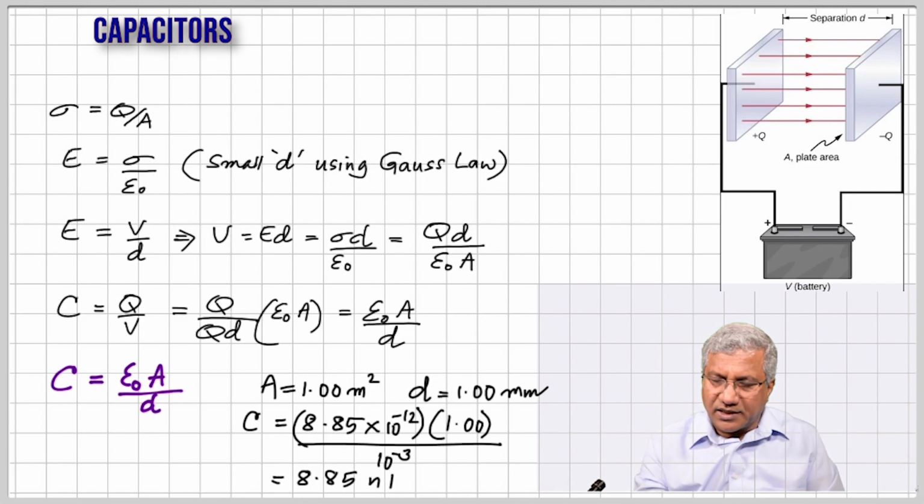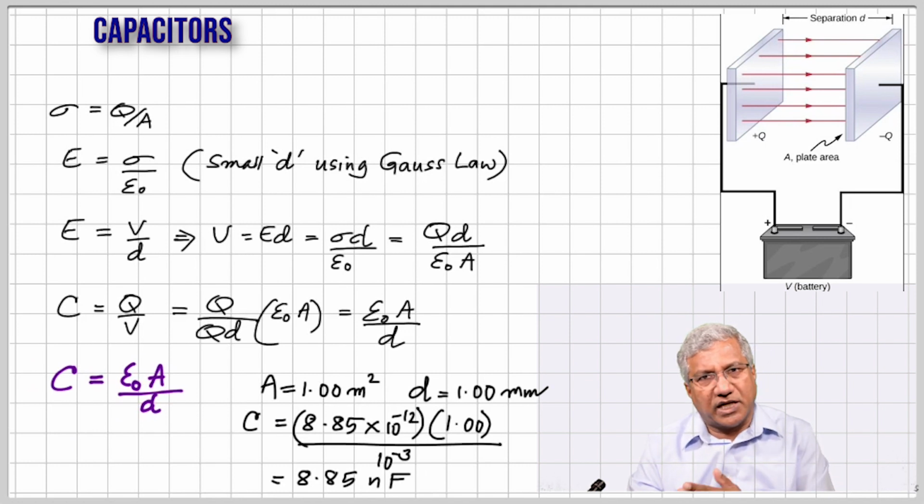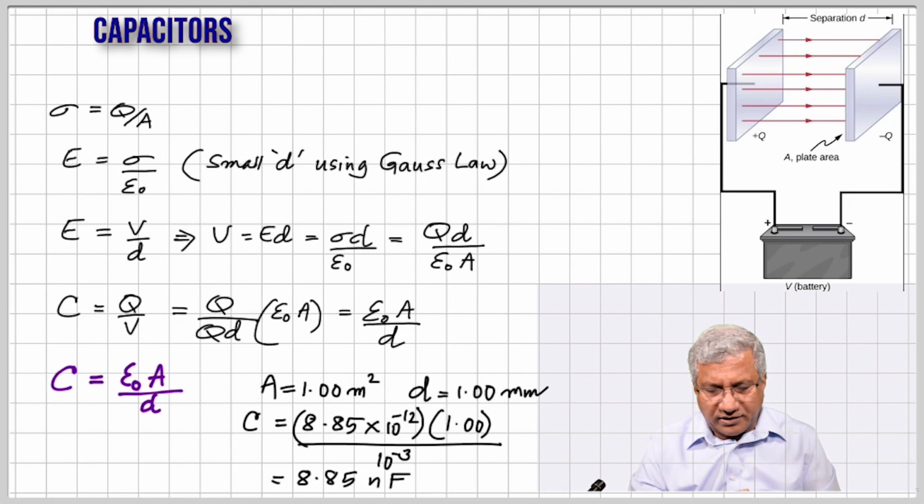And then when you do the calculations, you get 8.85 times 10 to the negative 9 farad, which is 8.85 nanofarad. Because 1 nanofarad, remember nano is 9, is 10 to the negative 9 farad. So that's how we get that.